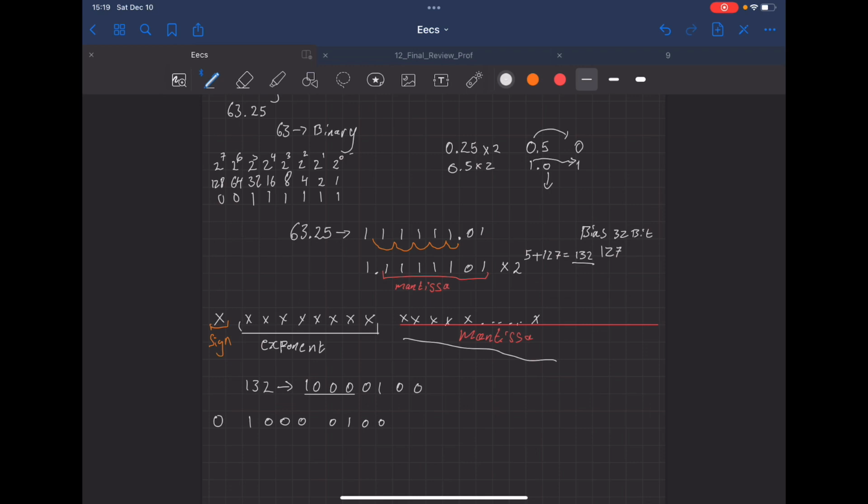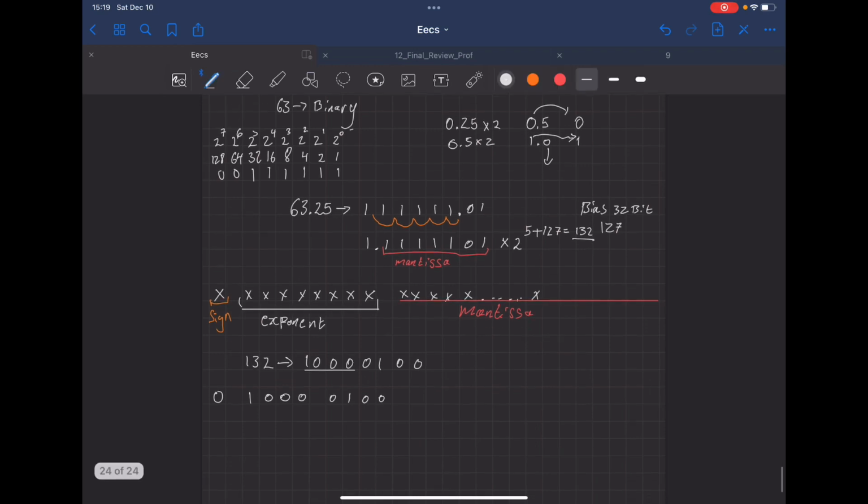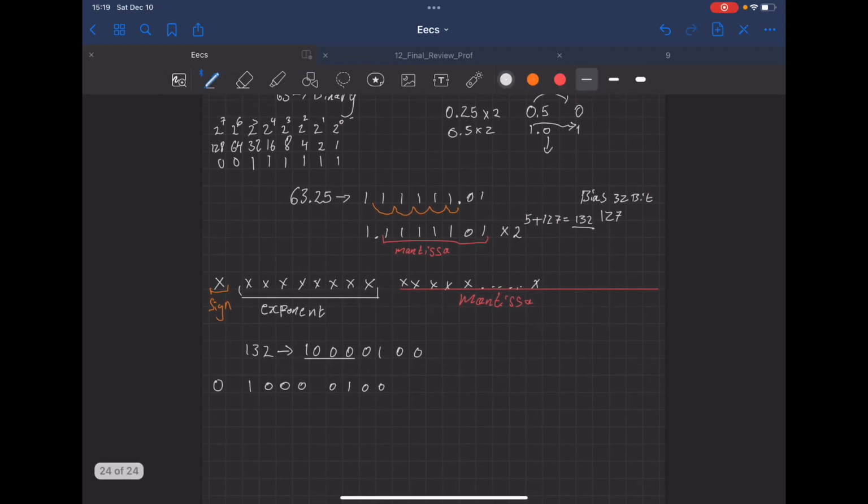Then it's going to be our mantissa. It's going to be these 4 1s, so 1, 1, 1, 1, 1, and then 1, 0, 1, 0, 0, and the remainder, all the other bits, are zeros after that. So this is the mantissa.